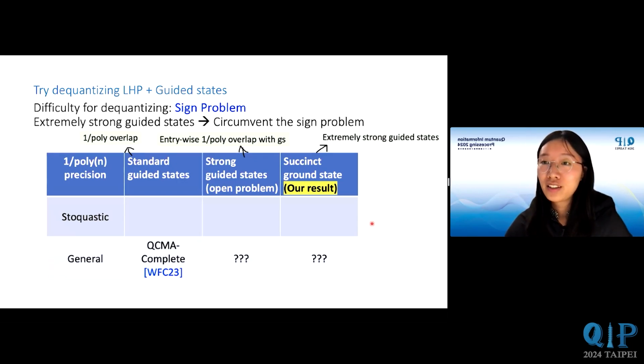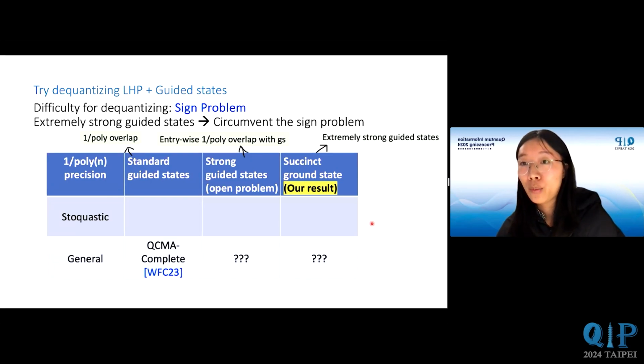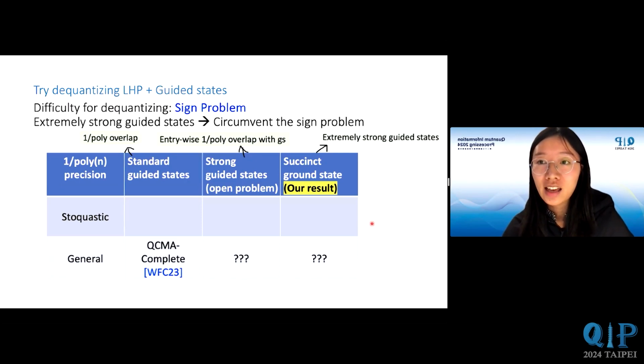If you still remember, in the beginning I mentioned that the difficulty for dequantizing is because of the sign problem. The key information I wish to give in this slide is that extremely strong guided states can help you circumvent the sign problem. So what do I mean?